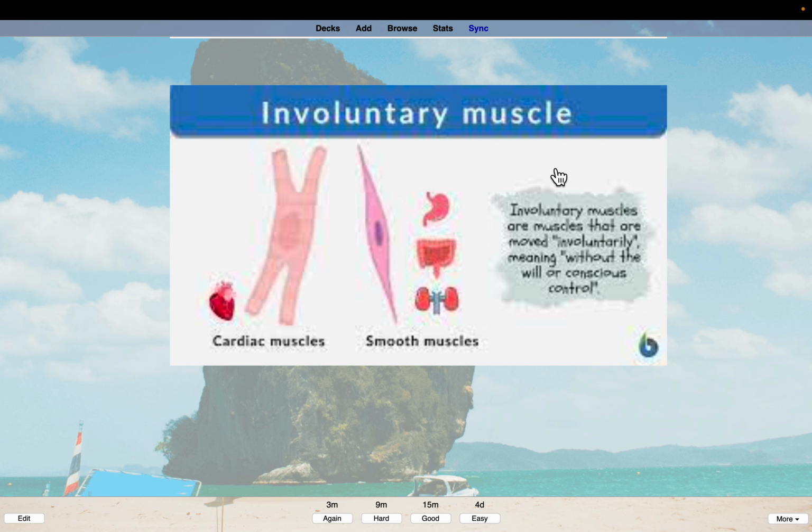Like I said earlier, the digestive system, this is the stomach, this is the small and large intestine, as well as the kidneys. For cardiac muscle, we have the heart. From the word involuntary, these kinds of muscles move without voluntary control.